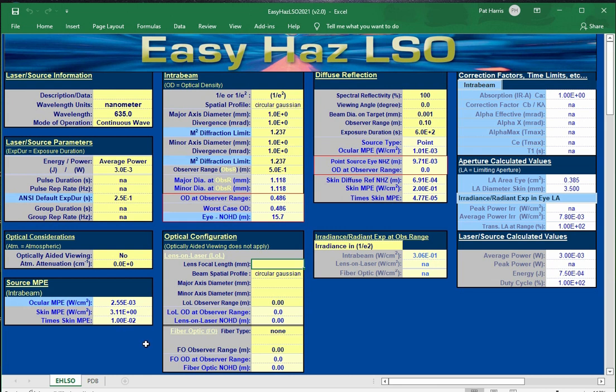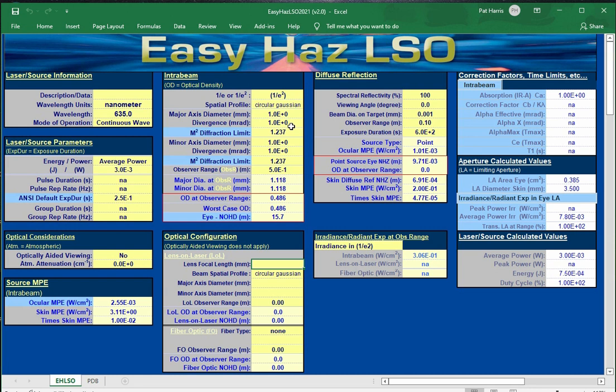One thing I did want to do is come back up here to the 1 over e squared, 1 over e. I said that if you select 1 over e squared, it gives you a little more conservative result. And that's because what the software does, it takes the 1 over e diameter at range, divides it by the square root of 2 to get this diameter in 1 over e. So that diameter becomes smaller, as does the divergence.